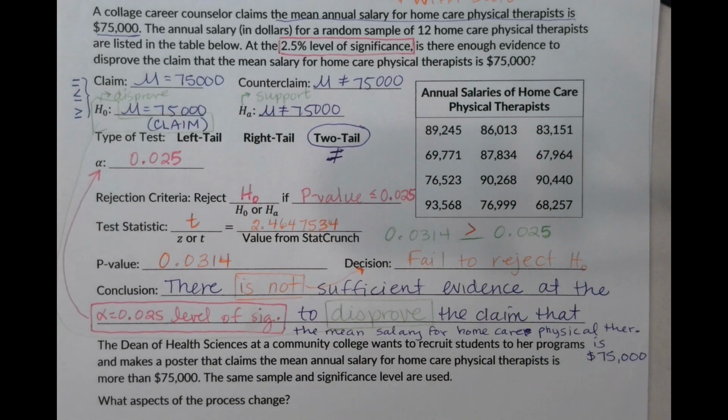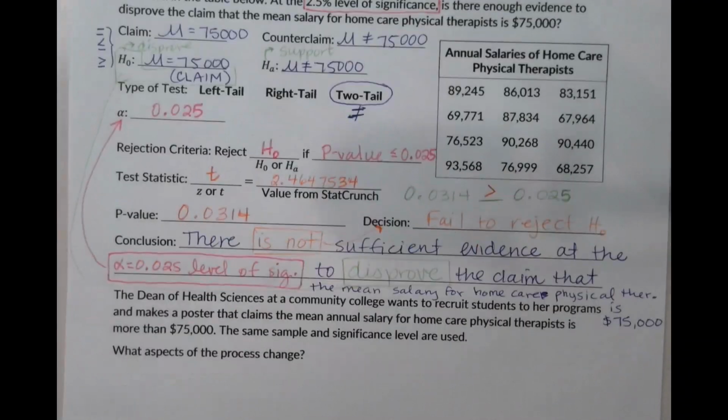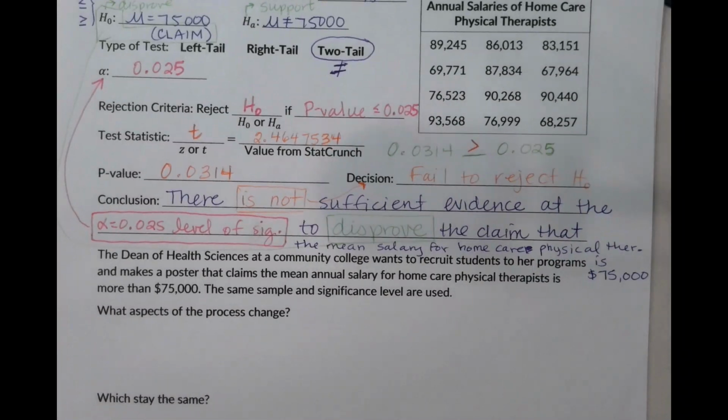So we ended up with a sample mean that was higher, but it wasn't significantly different from the mean that we were told. So what if just a few things changed?